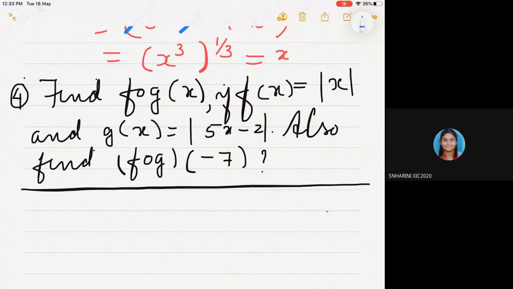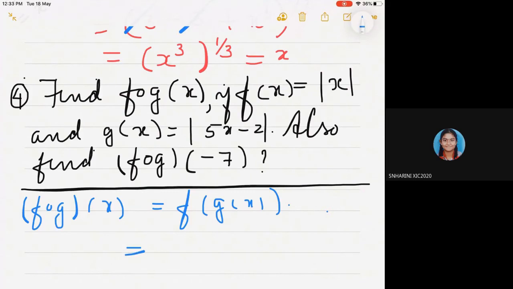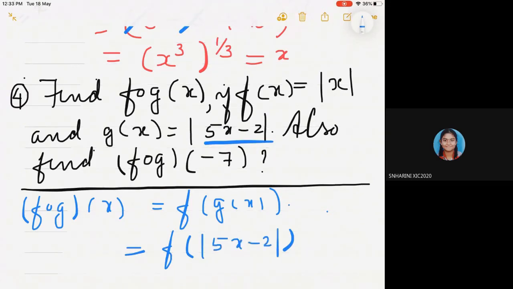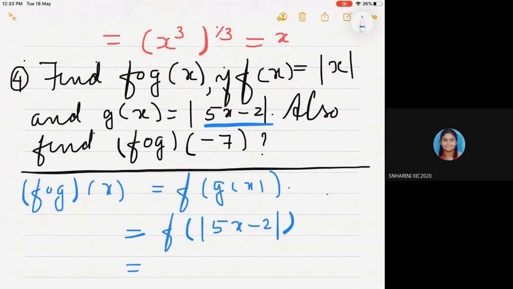So first of all, you have to find f dot g of x. By definition of composition, it is f of g of x. And now you have to write what is g of x. As per the question, g of x is modulus of 5x minus 2. And now the image of modulus 5x minus 2 under f, you have to find out.